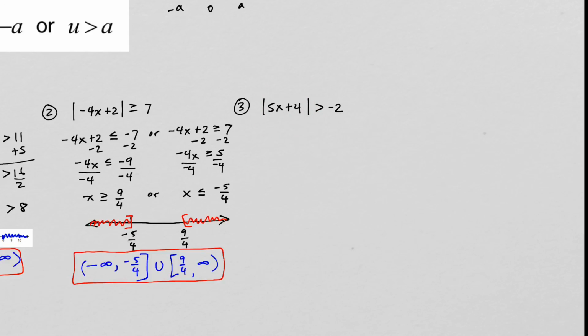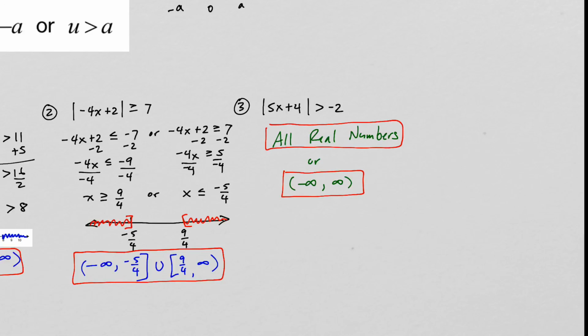And a positive number is always greater than a negative number. So we can plug in any number we want for x. So the solution here is all real numbers. Or you can also write that in interval notation as negative infinity to positive infinity.